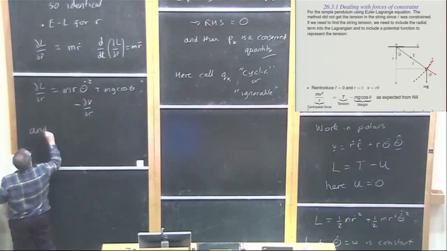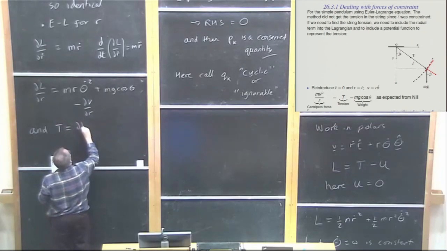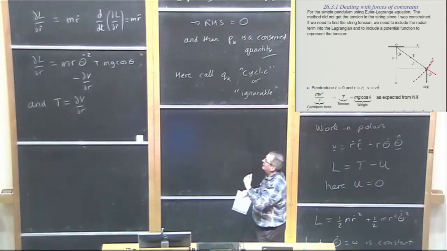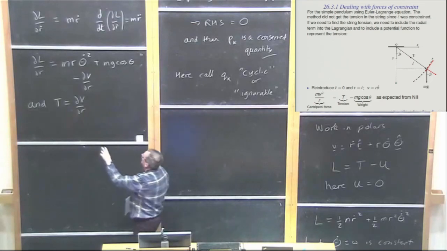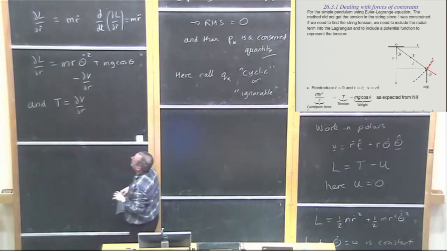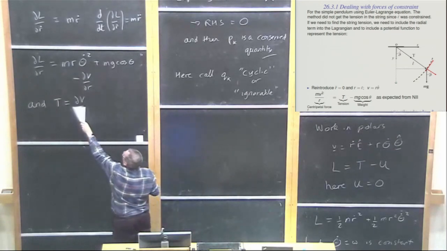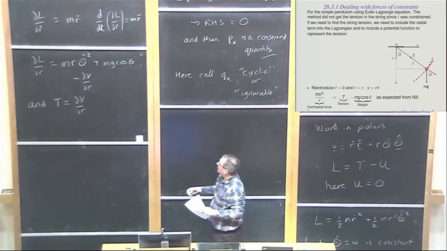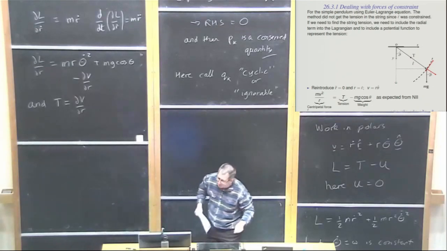The tension is equal to dV by dR. The force is equal to the derivative of the potential. Now, if you're still having energy this morning, you might say, hang on, your tutors have told you that when you write force as minus the grad of a potential, you should always remember that minus sign.